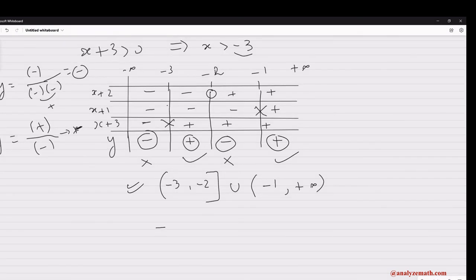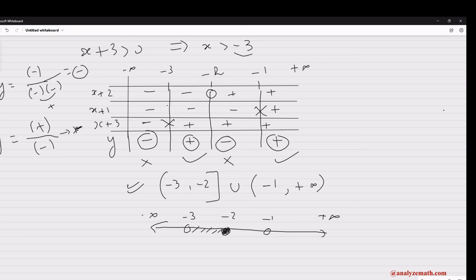We now present the solution on a number line, the graphical solution. So minus infinity, plus infinity, negative 3, negative 2. Now the circle is closed at negative 2 and the values in between.